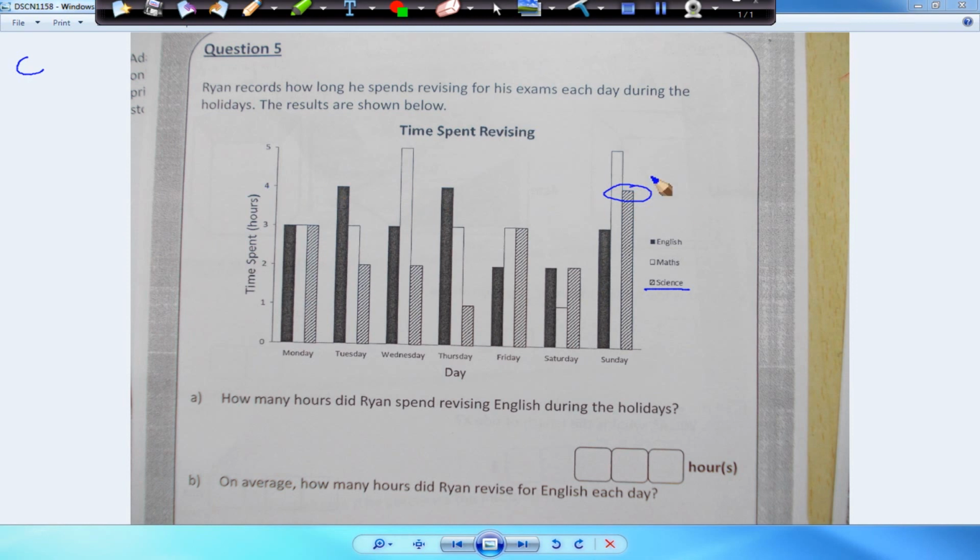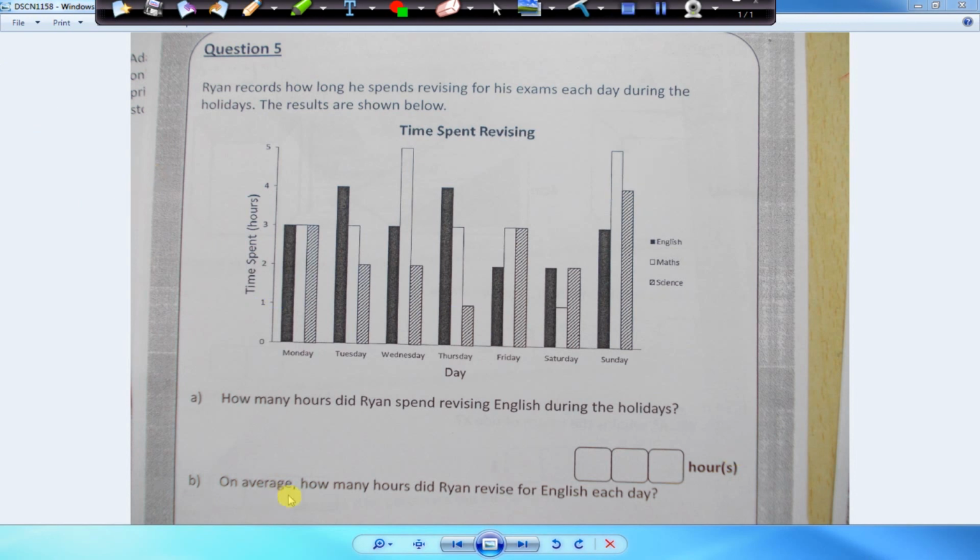What's that? 4. And what's the smallest stripy one? Here, which is 1. So for that one, C is going to be 4 minus 1. So the range is equal to 3. So question 5 part C is 3. Done. Let's go to part D. So we said 3 hours.